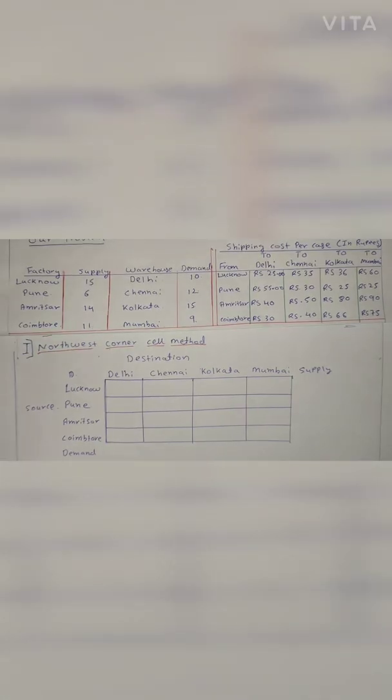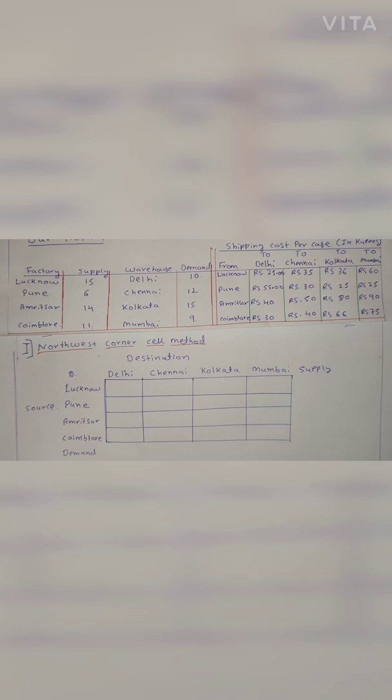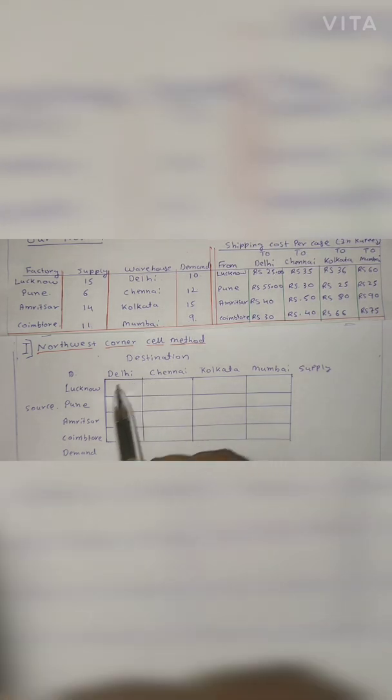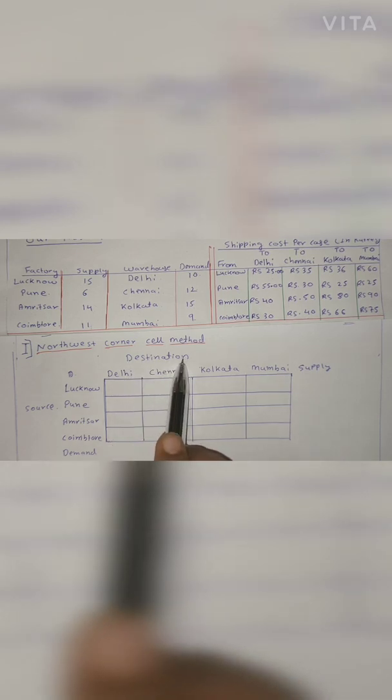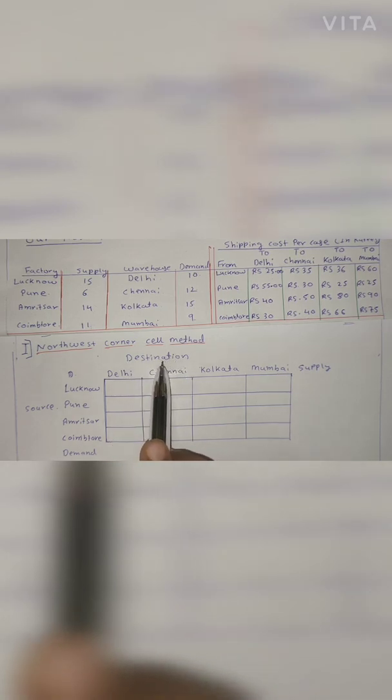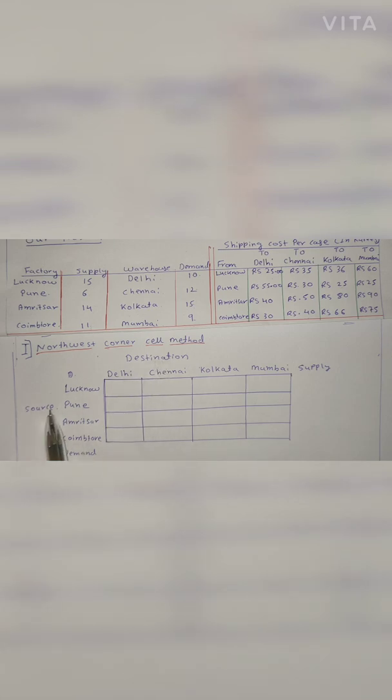So let's start with our first method of solving this problem, the northwest corner cell method. In this method the top is the destination. Destination means where it has to be reached, and the source means where it originates, meaning your manufacturing unit.